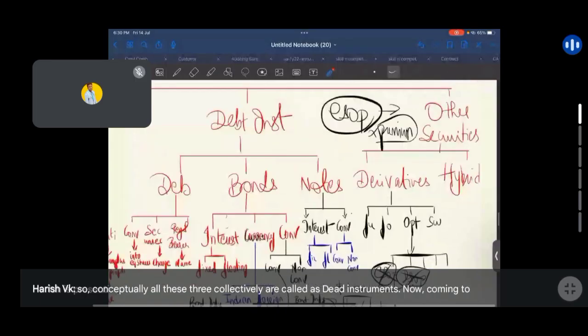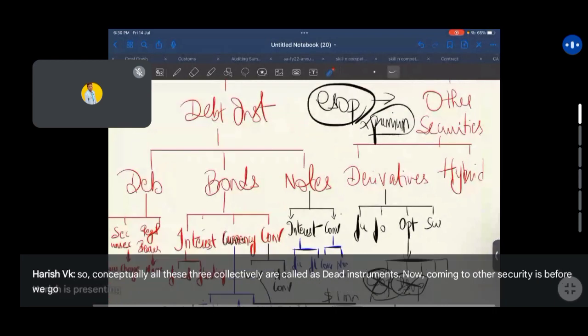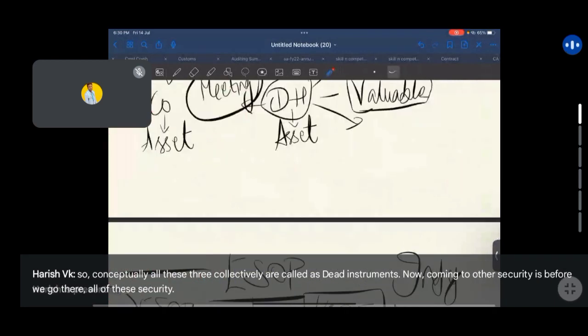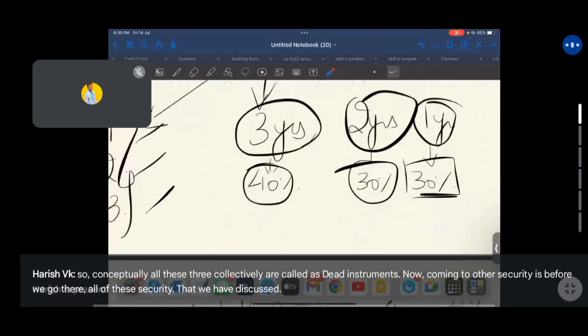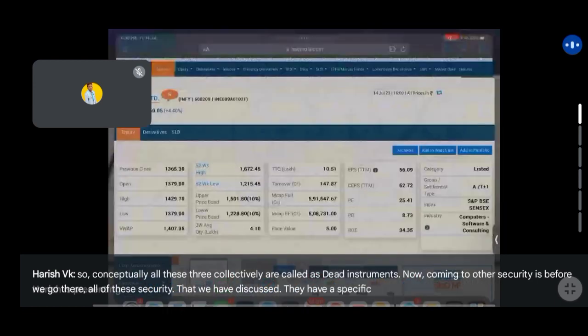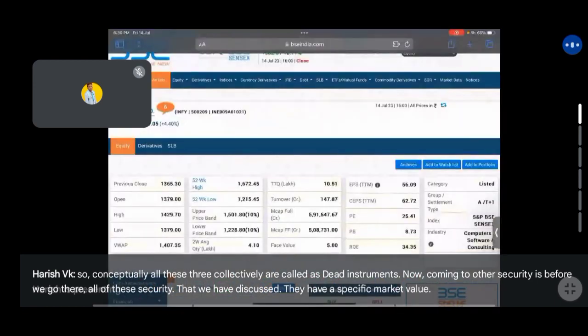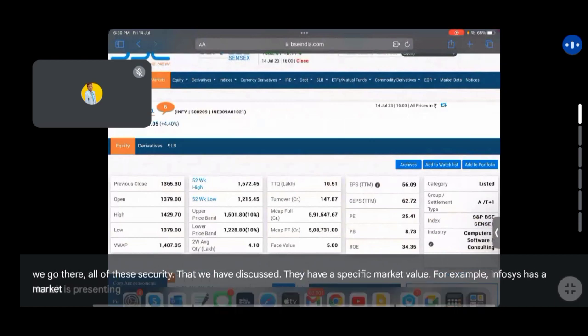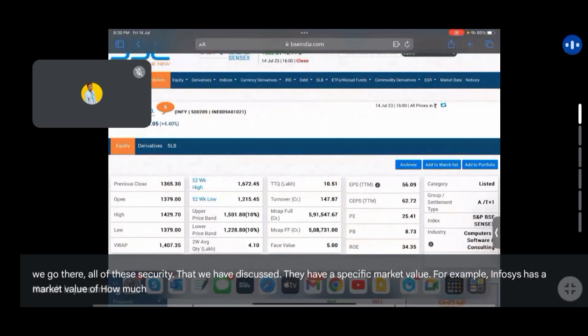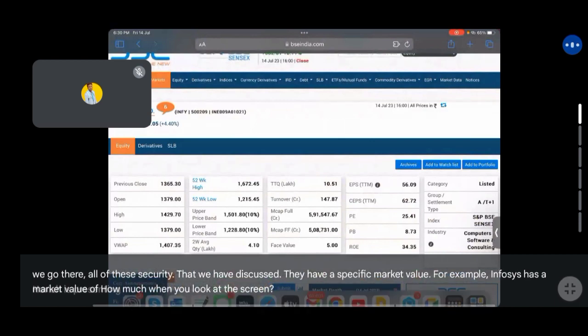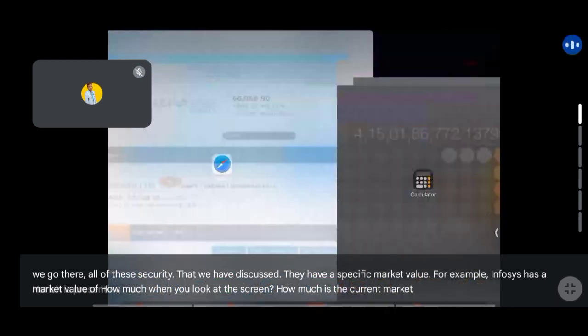Now, coming to other securities, before we go there, all of these securities that we have discussed have a specific market value. For example, Infosys has a market value of how much? When you look at the screen, how much is the current market value of Infosys?